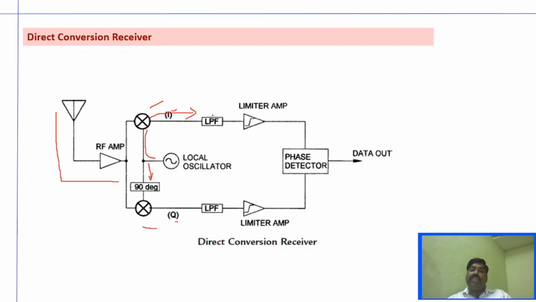That is further limited by a limiter amplifier, boosted, and given to the phase detector. Similarly here, the signal is low pass filtered, sent to a limiter amplifier, and then given to the phase detector. Now the phase detector will receive both these signals, which will be out of phase with each other, and depending upon the phase difference between the components, the phase detector will send out the desired signal.